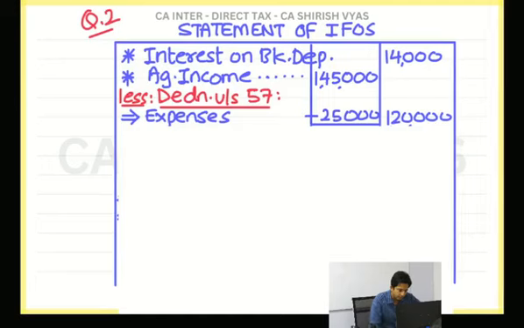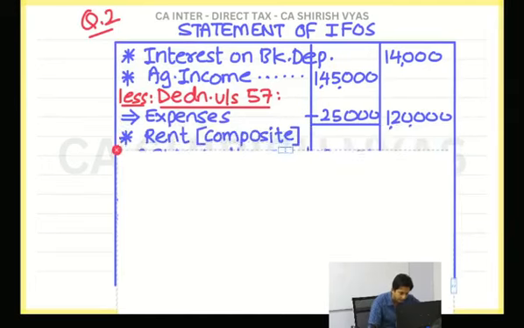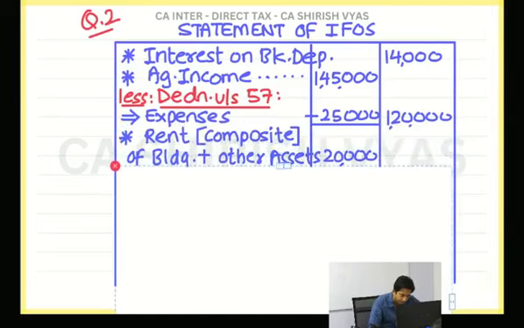So first I will write in the inner column: composite rent of building plus other assets, inner column 20,000. Then after this, what should I write?